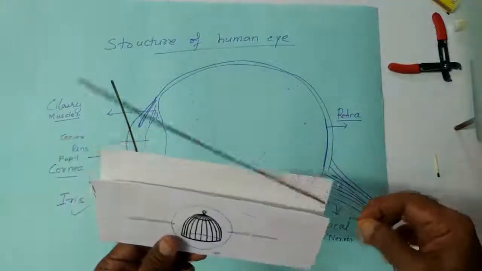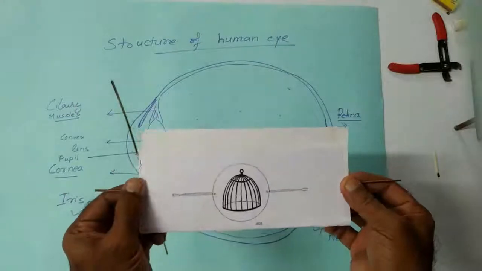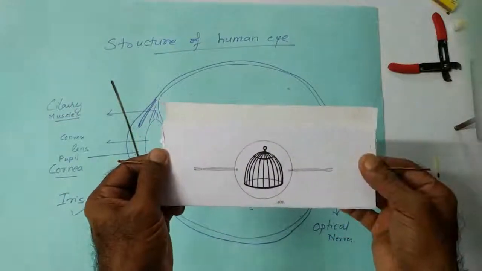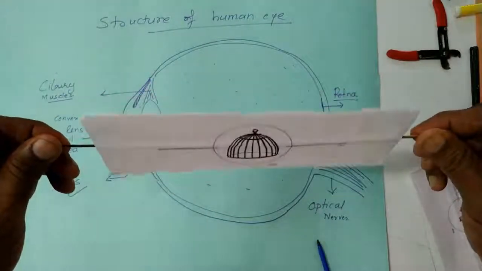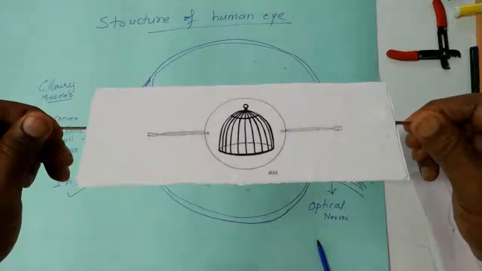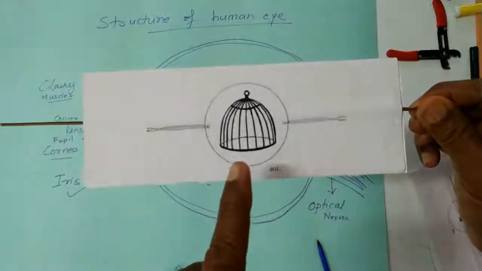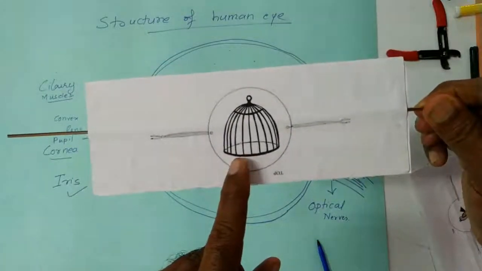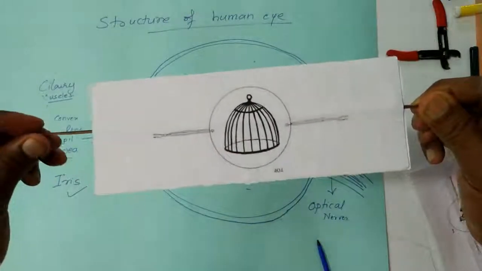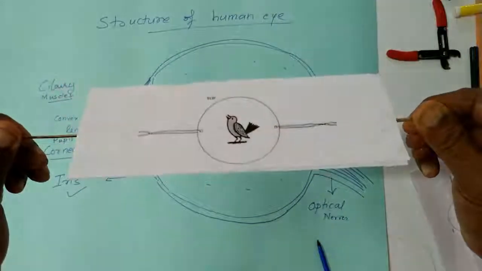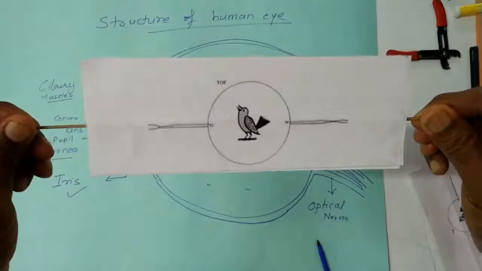And then I want to insert this stick in between in this way, right? So that I can rotate this. I'm going to rotate it slowly. Look at this. When I bring this face towards us, remember that this cage has its image on our retina. And when I move this here, now the image of the bird is on the retina, right?